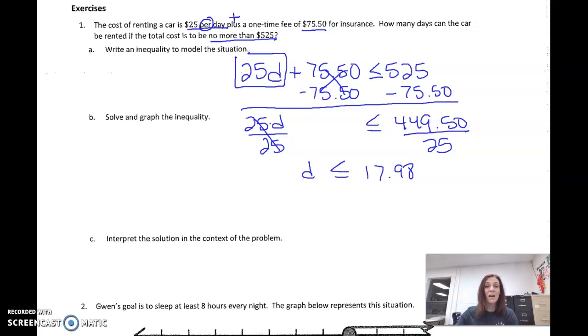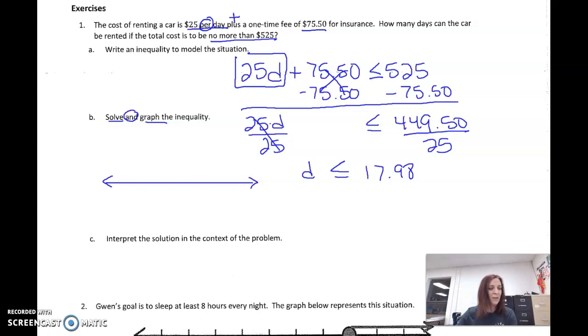Okay? Now, the directions say solve and graph, so don't stress too much about the graphing part. And I really need to pause right here before I jump to that. Okay, let's think about this. We're talking D is the number of days. Does it make sense for us to have 17.98 days?